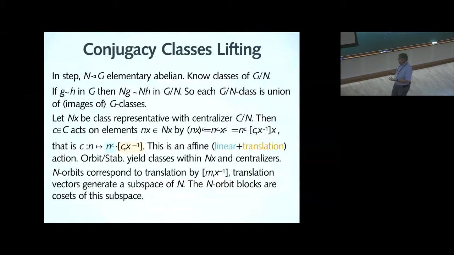And as I said, the n orbits correspond just to translation. And in fact, I can deal with this by factoring out a subspace. So by calculating these affine orbits, I get conjugacy classes from the factor group to conjugacy classes of the group.